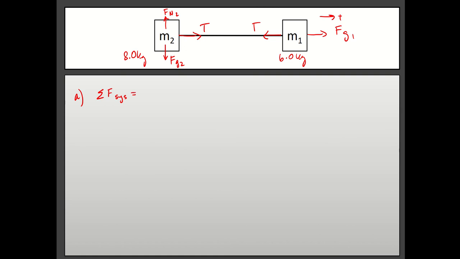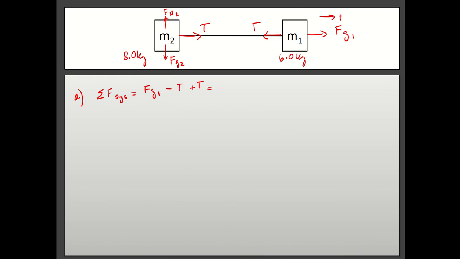Okay. So again, Fg1 is positive. This tension is negative, positive, and that's it. These two forces, normal force and Fg2, are not in the same direction, so we can't add them to these two, because they're perpendicular, in the y direction. These are in the y direction, and this is in the x.